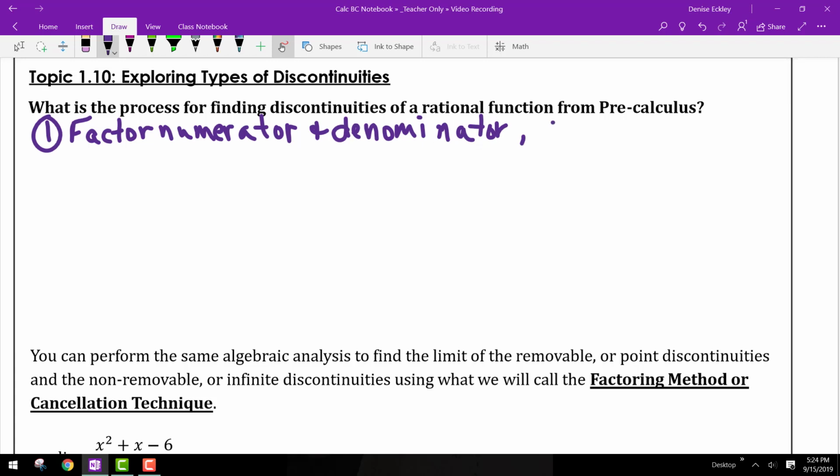And the reason we do that is to simplify the fraction. Because when we do that, it could lead us to one type of discontinuity, which is called a point discontinuity, or as we talked about last year, a removable discontinuity. So if we've been able to simplify, we are going to have a point of discontinuity where we have a hole in a graph.